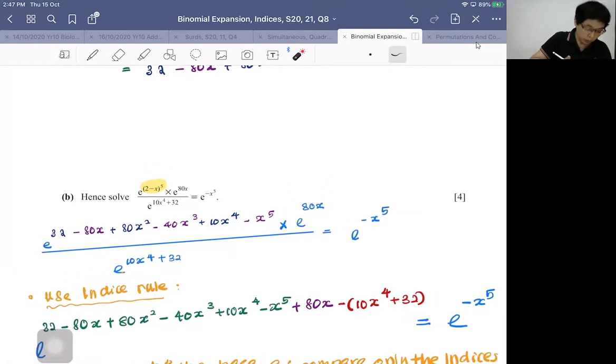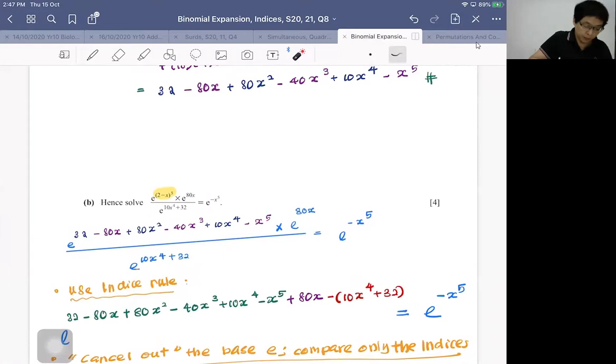Now, the highlighted e to the power of 2 minus x to the power of 5, that whole thing is the exponential, the thing that we get from part A. There we go. That is your answer from part A.